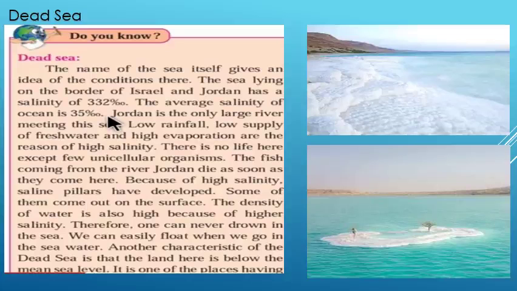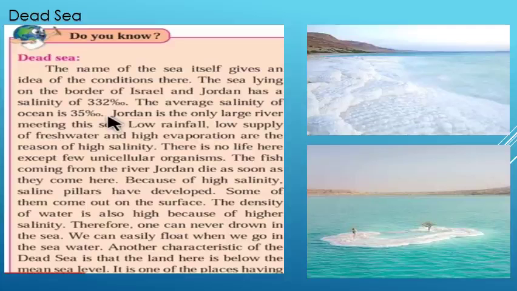Okay, and the supply of fresh water is very, very low here. So that is the reason this high salinity is being seen, and because of the high salinity the density is also very high. So we come to know there is no life possible in this. Why?